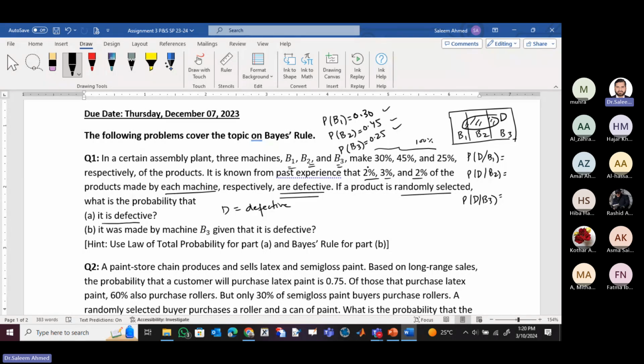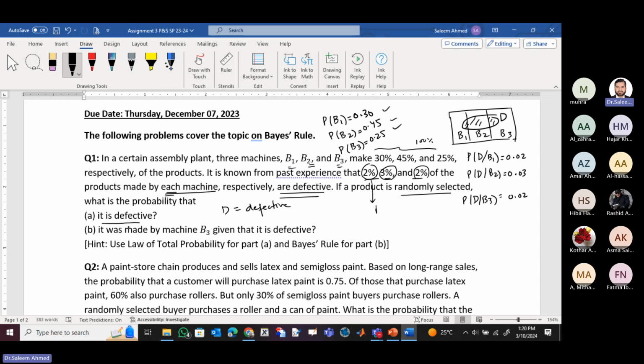They said it is known that 2% made on machine 1 are defective, so 2% is the probability of defective given machine 1, 3% from machine 2, and 2% from machine 3. So these are the probabilities of defective given that a machine is known to me.